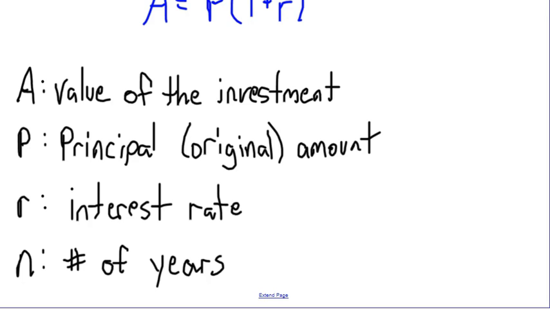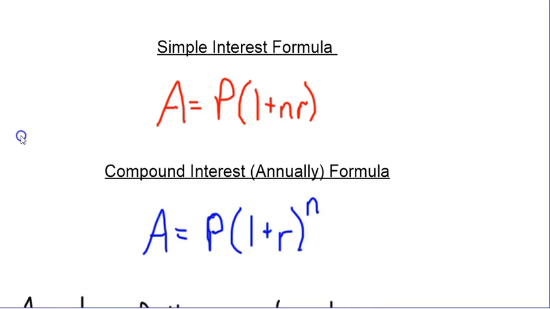A stands for the value of the investment, how much you have at a given time in the account. P is the principal, the original amount. R is your interest rate, and N is going to be the number of years. So these are your two formulas for simple interest and compound interest annually, meaning it's compounded one time a year.